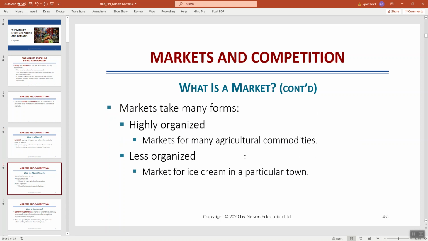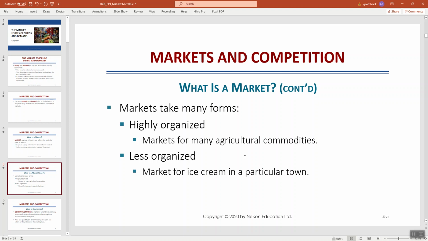So again, markets take many forms, right? A highly organized market would be one for agricultural commodities, because there are so many moving parts. You have to plan, right? You can't just grow apples overnight. They don't just pop up. There's a lot involved, so it's a highly organized market. There are a lot of indicators incentivizing farmers to enter or exit a market, so it's considered much more organized.